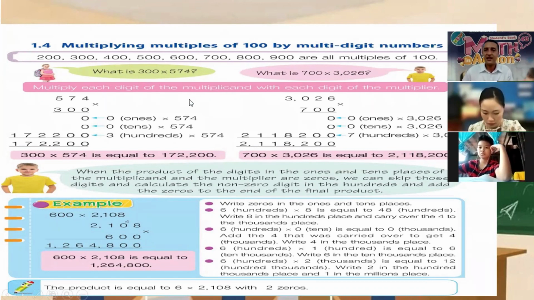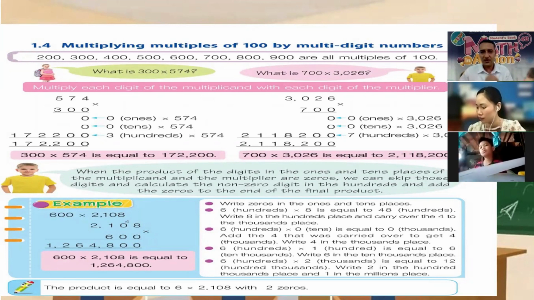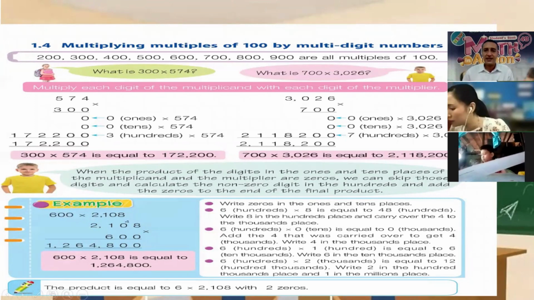So here we are going to learn how we can multiply multi-digit numbers by 100, by 200, 300, 400, 600, 700, and until 900. Okay, so here we have an example question.